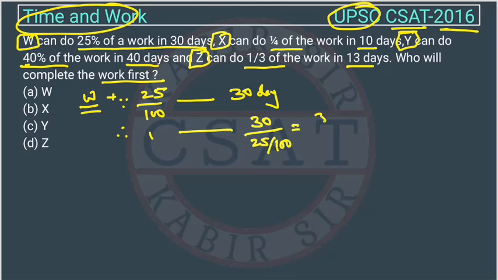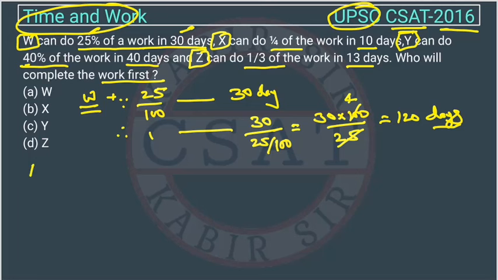So this will be equal to 30 into 100 upon 25. 25 fours are 100. This will be 120 days. Otherwise you can do it directly, because 25% of the work is completed in 30 days. So 100% will be in how many days? 4 times, so it will be 120 only, right?